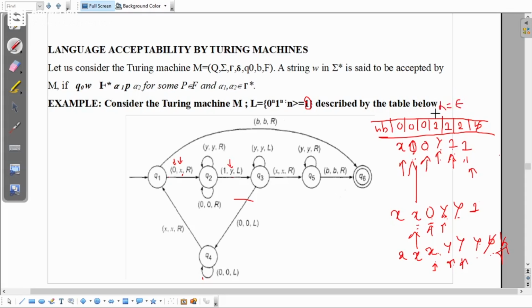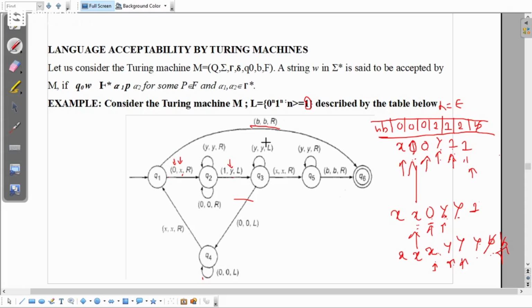So in that case, you have to reach a final state from the start state without reading any input. What you can read on the tape is just a single blank. That's why, if the language contains epsilon, you just do B B R and you will reach a final state.